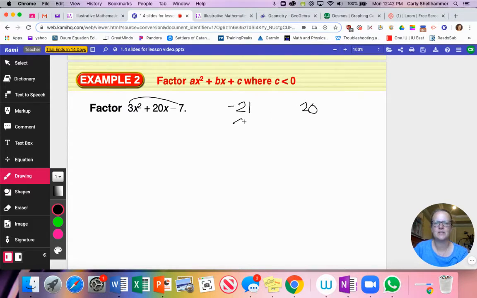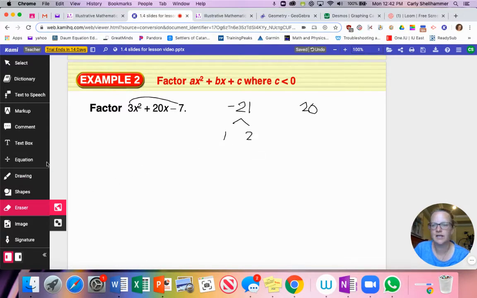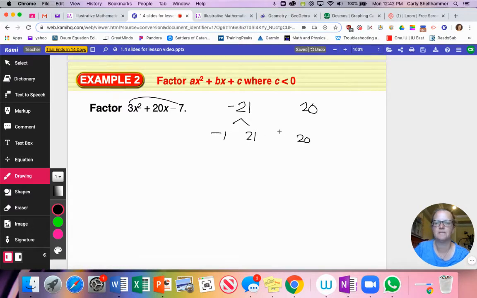So I need 2 things that multiply to negative 21. How about 1 times 20? 1 times 21. It's all right. I can do math. One of those is going to be negative, and I need to add to a positive 20. So I'm going to make the 1 negative, because if I add those together, I get a positive 20.